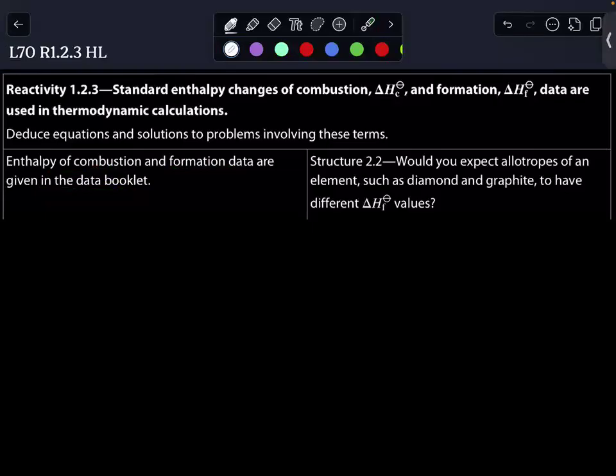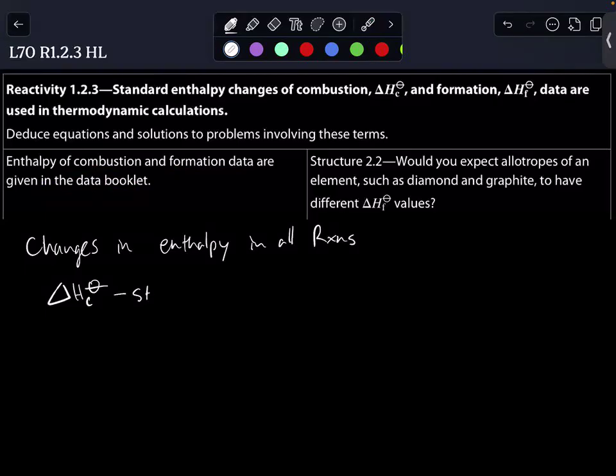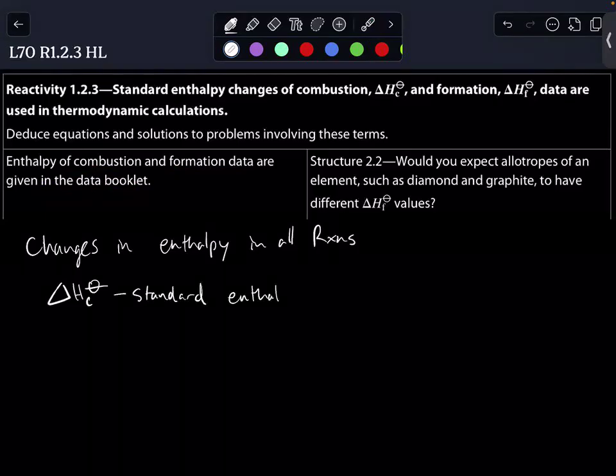So this comes from the idea that for every chemical process, we have changes in enthalpy in all reactions. Specifically, we are focusing on delta HC, and this would be the standard enthalpy of combustion, or standard enthalpy change of combustion.